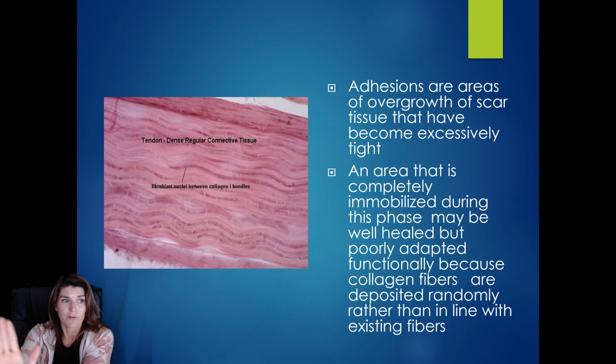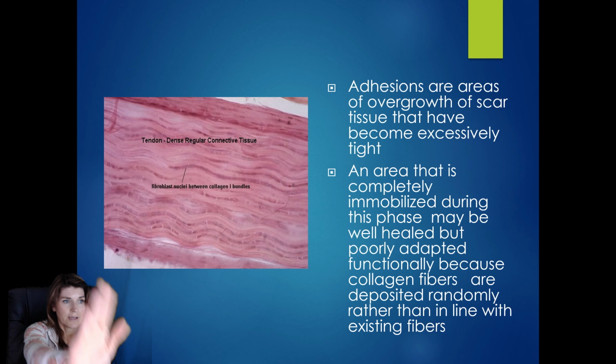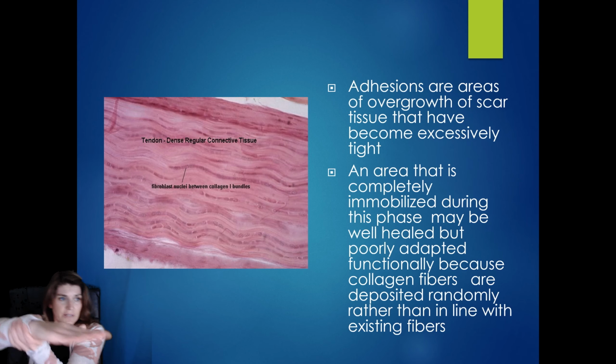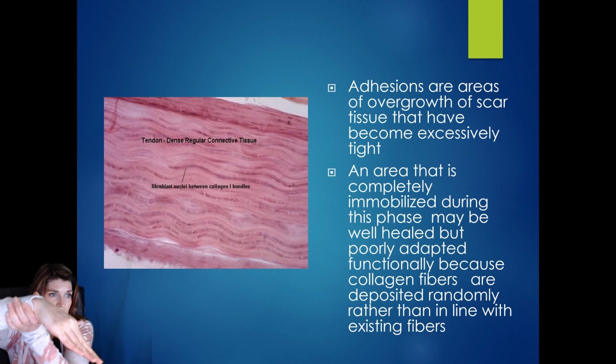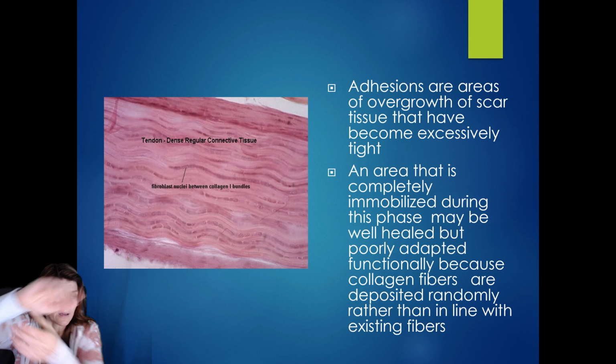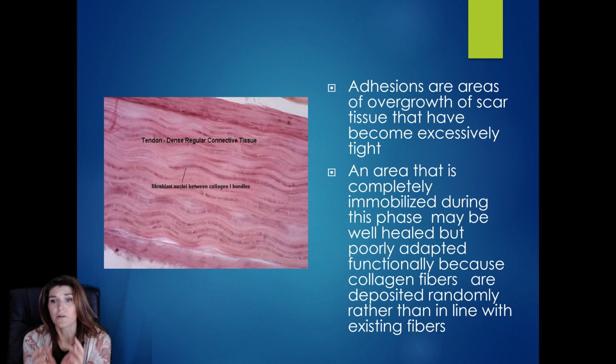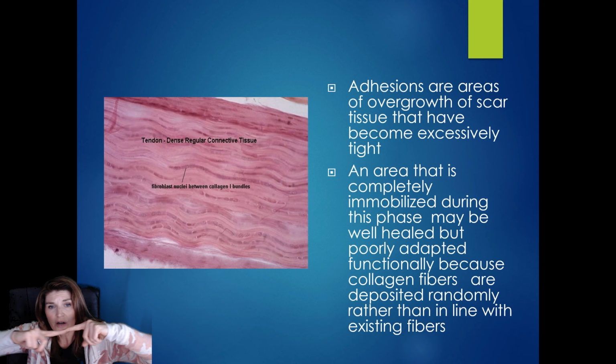So if this is my foot, and my wrist is the ankle, they're going to say, okay, do plantar flexion, dorsiflexion. They're going to go through eversion and inversion, and basically go through all the normal movements that your ankle would go through, with the idea of making sure that the scar tissue aligns the correct way with the original tissue.